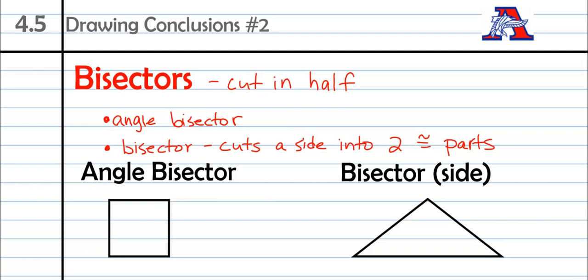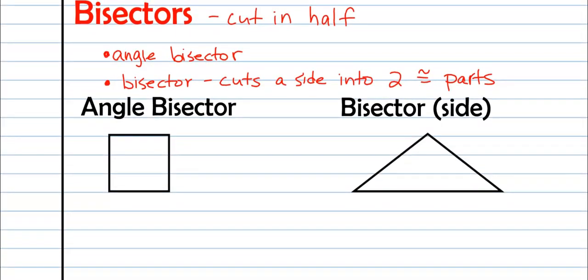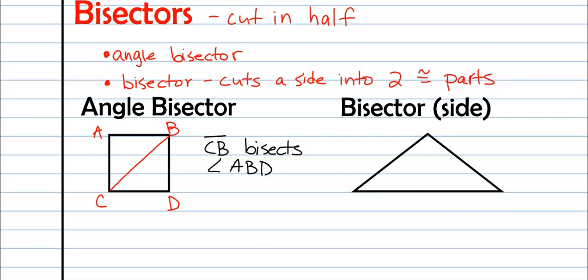All right, so two examples here. First one is an angle bisector. So I started with a square, and if I did this, okay, and let's add some letters again. A, B, C, D. If I said that CB bisects angle ABD, that would mean that I cut this angle here in half.